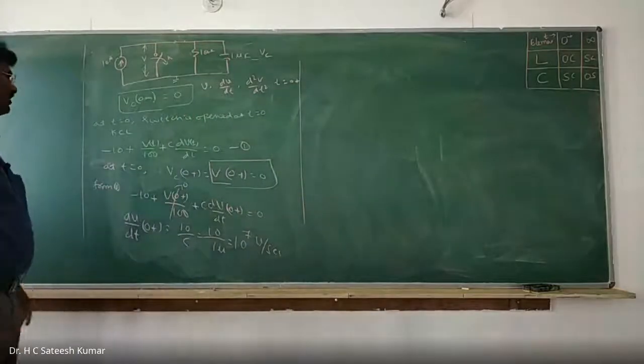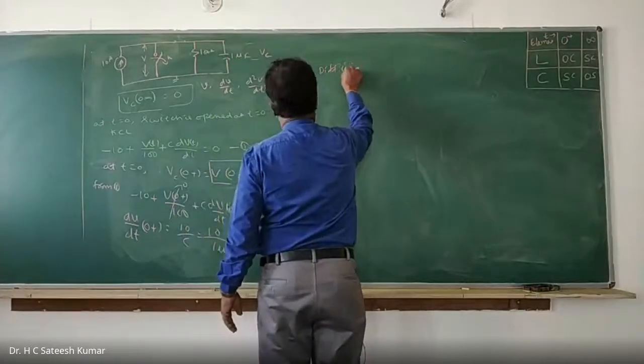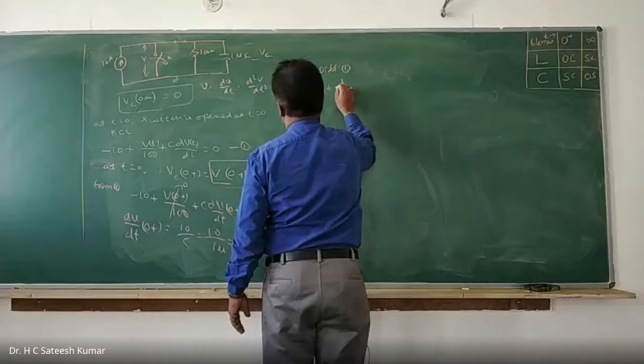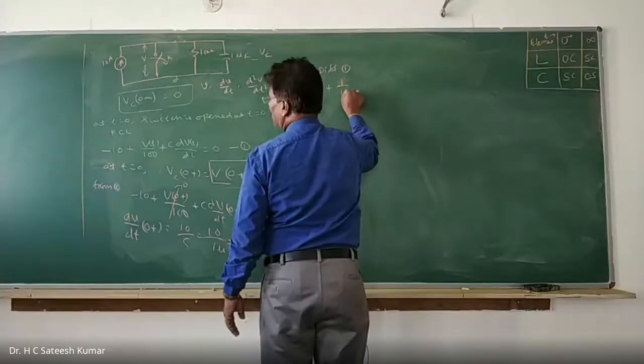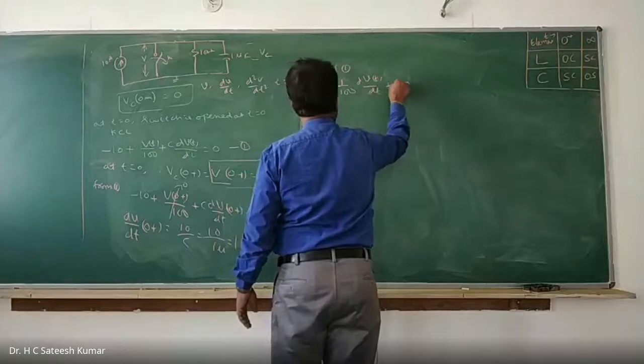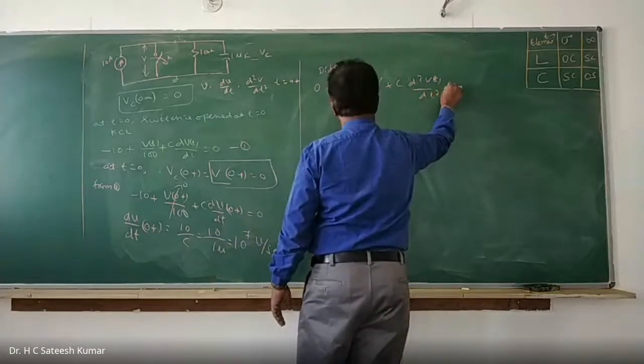Okay, right. Now differentiate equation 1. Differentiating 1, what will I get? 0 plus 1/100 into dV(t)/dt plus C into d squared V(t)/dt squared is equal to 0.